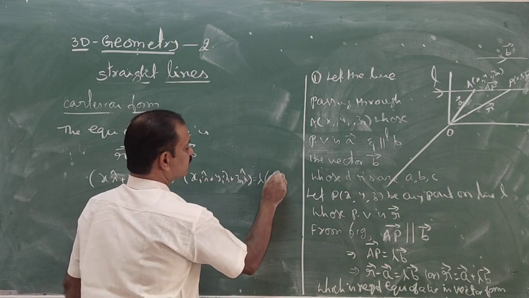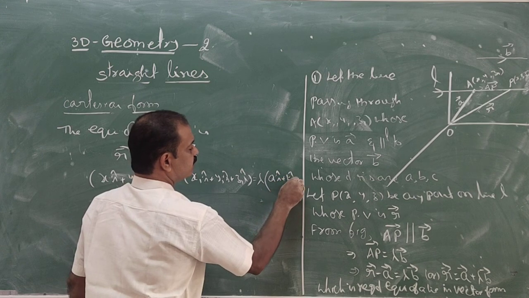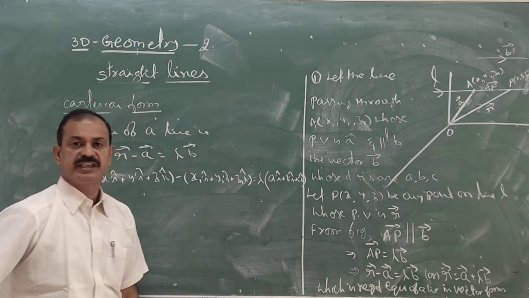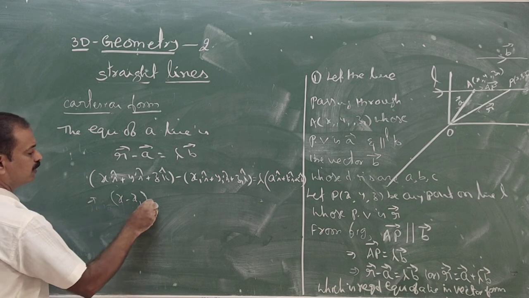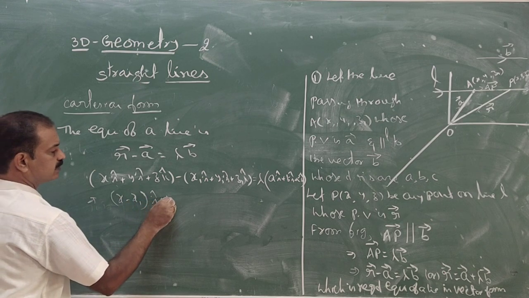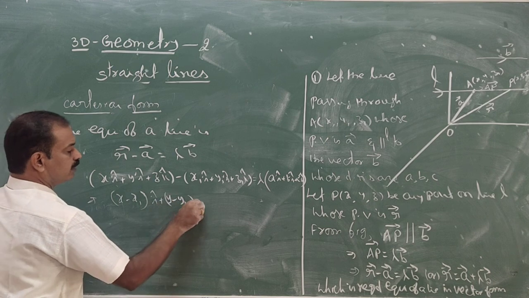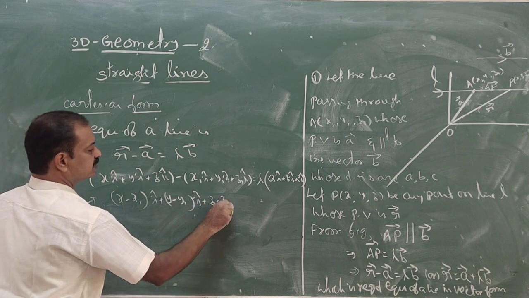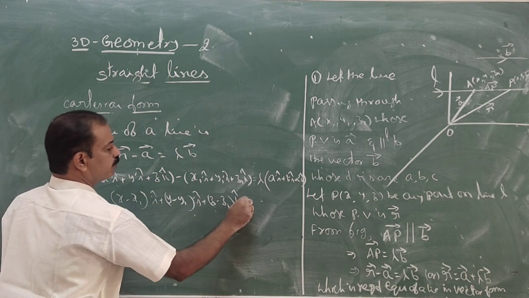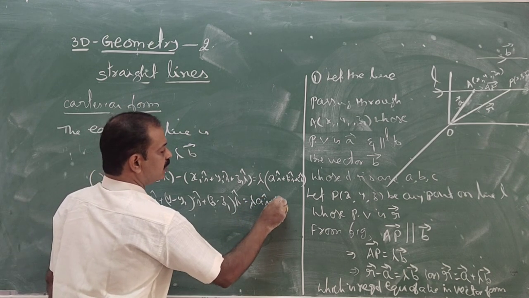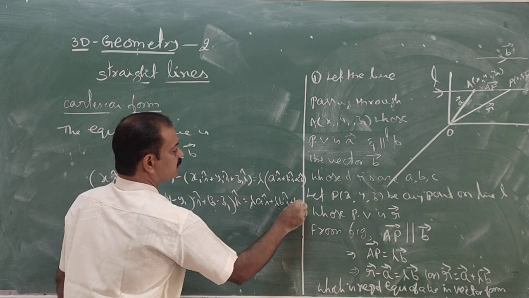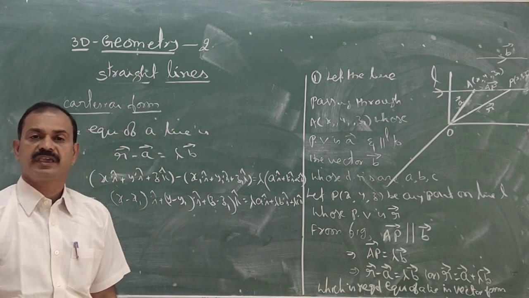Therefore, this is nothing but a i plus b j plus c k, which implies (x minus x1) i plus (y minus y1) j plus (z minus z1) k is equal to lambda a i, lambda b j plus lambda c k.